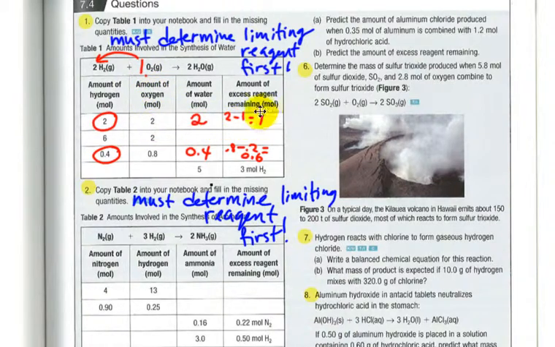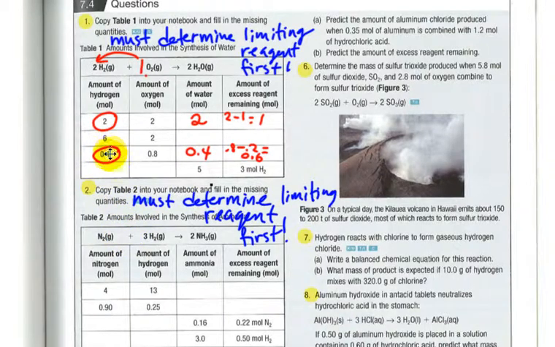So 2 minus 1 gives me 1 extra oxygen here. So hydrogen is my limiting reagent, oxygen is excess, so I use my limiting reagent to figure out how much product. It says here it's a 2-to-2 ratio, so 2 to 2. So you can use that reasoning if you like, or if you want, you can write down the mole ratios on a piece of scrap paper and figure it out from there.